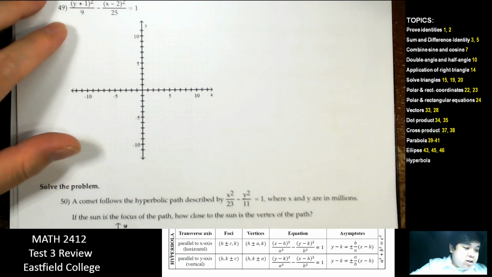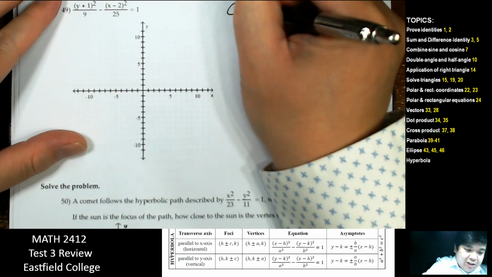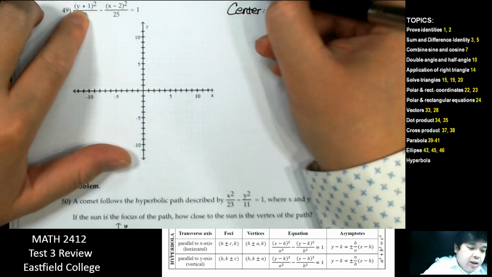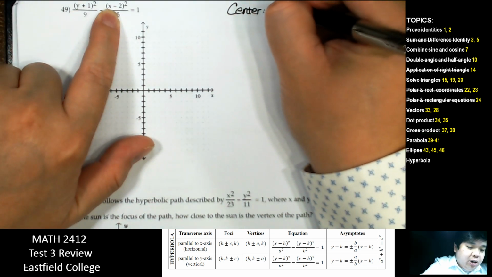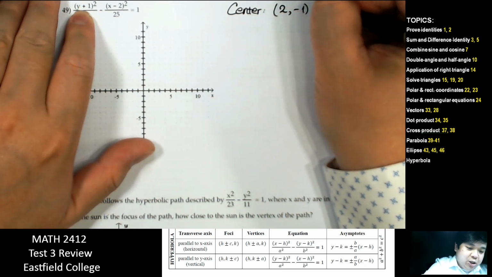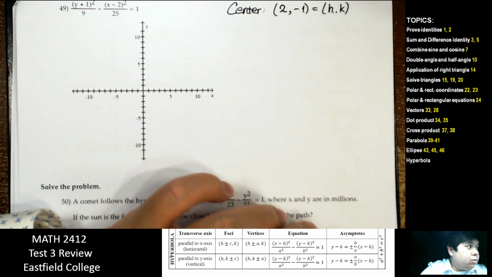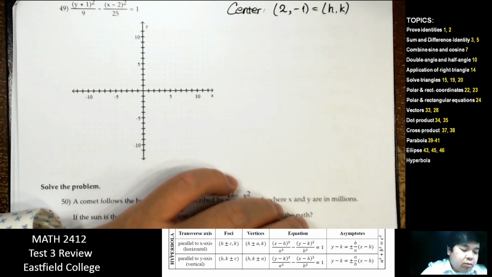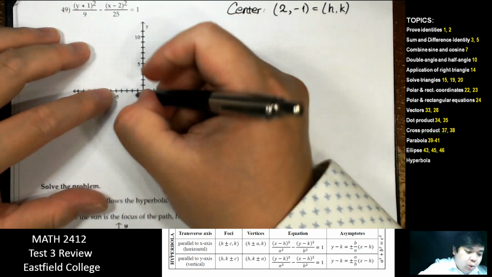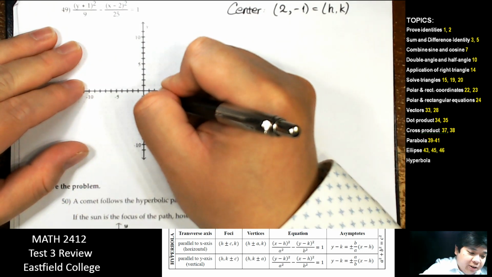So on this one, first the center, as always, center x 2 units to the right, 2 and -1, that is h and k. Which is here, 2 to the right and 1 down.